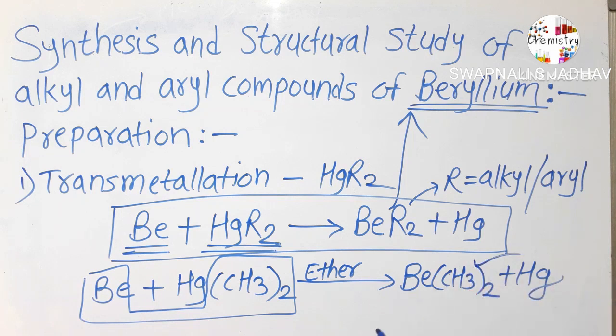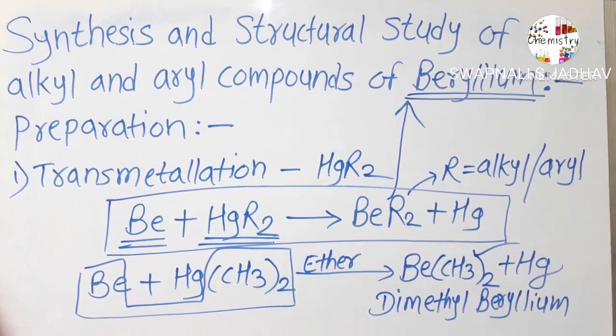Which organometallic compound is formed? Dimethyl beryllium. This is an alkyl compound of beryllium.